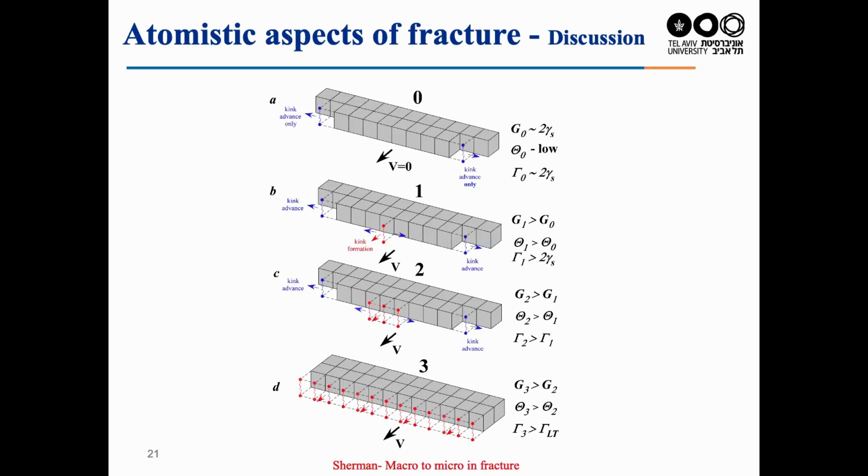So maybe one nucleation is sufficient to absorb the G1. Then if the energy is higher, you need more and more kink formation in order to absorb all the G2 energy. And if the energy is very high, all the front is made of kink nucleation, and the crack becomes straight at high energy.